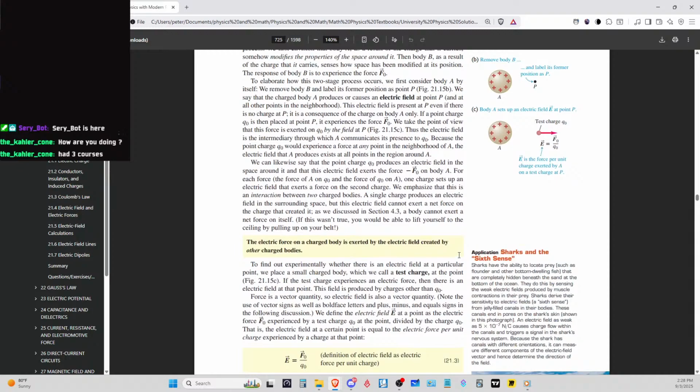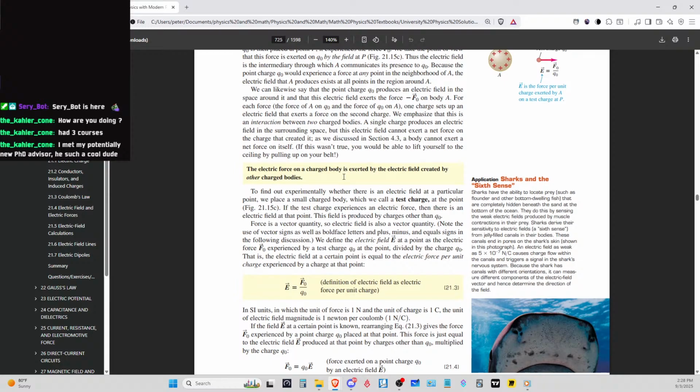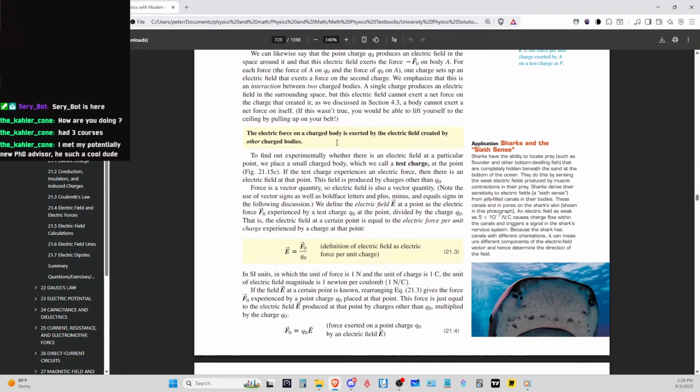Had 3 courses. Oh wow, what courses are they? And how does it feel to start your PhD program? I met with a potential new PhD advisor. He's such a cool dude. Oh, nice. Didn't you also tell me that your advisor was a Nobel Prize laureate? Big honor if they are. Well, you said he, so I'm guessing it's a man.